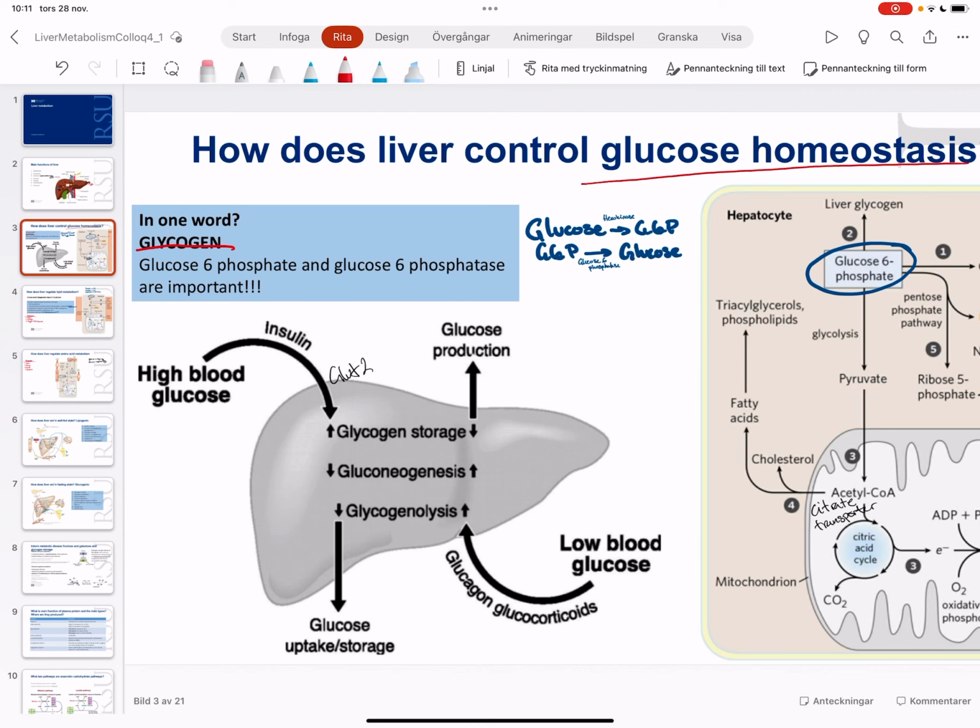Therefore, the liver will store more glucose, because we now have glucose in excess. Insulin acts on the GLUT2 receptor, and it will activate glycogenesis. Not GLUT4 receptors, they don't exist in the liver, and the liver is insulin independent. So that's important to remember.